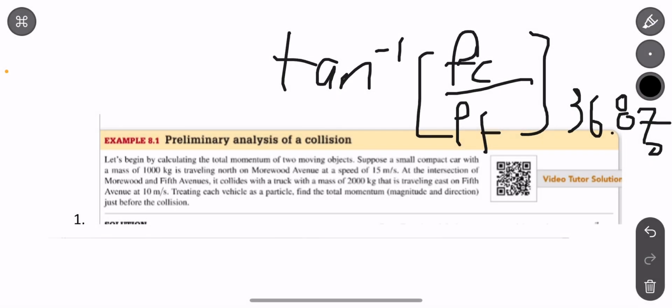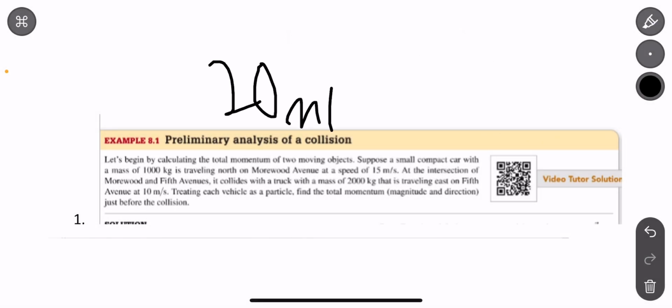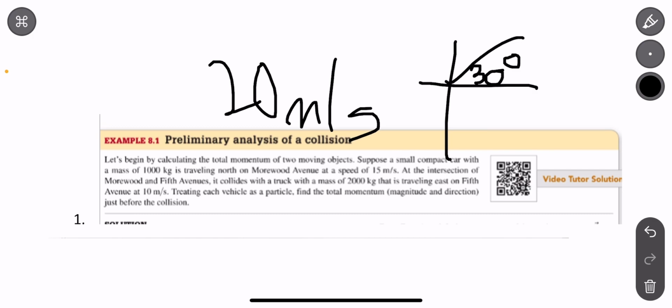So our answers are going to be 20 meters per second at a 30-degree angle. That PA on the Y and PB on the X are going to meet up.